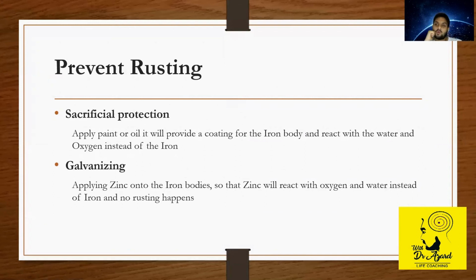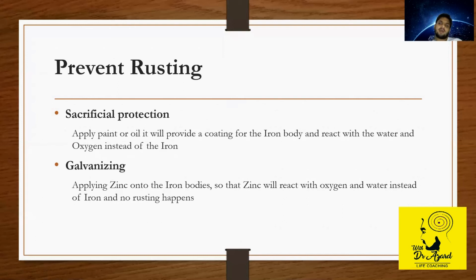One thing that you can do is apply paint or oil onto the iron body. Instead of exposing the iron to the water and oxygen in the atmosphere, we are exposing the paint or the oil. So it gives a protective coating.